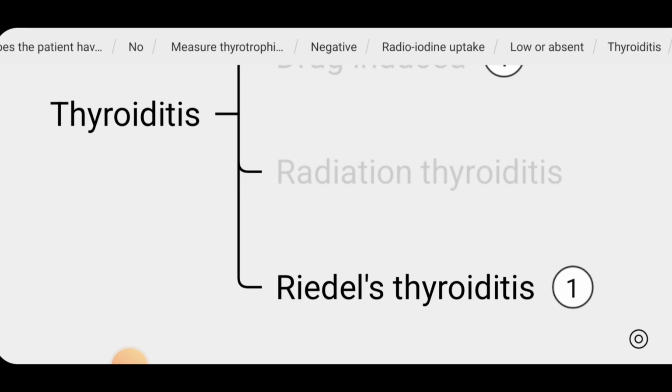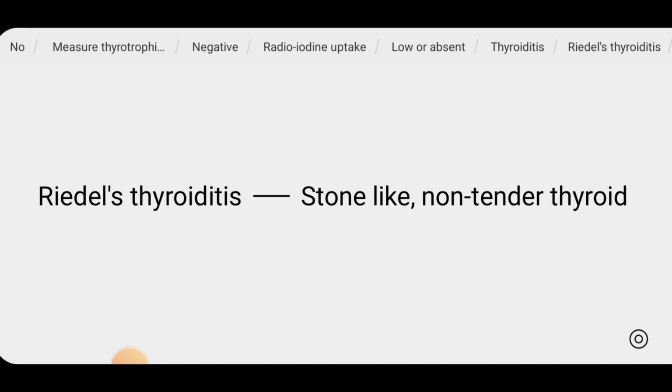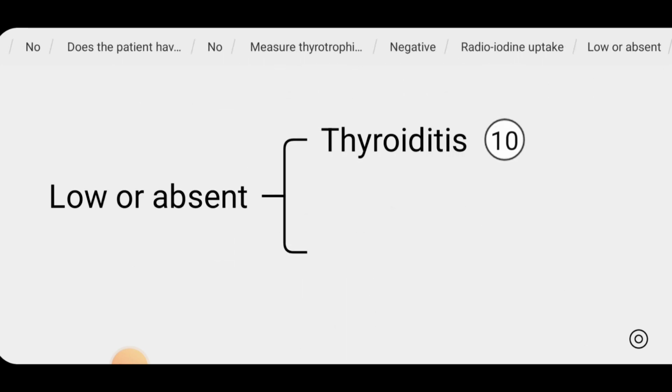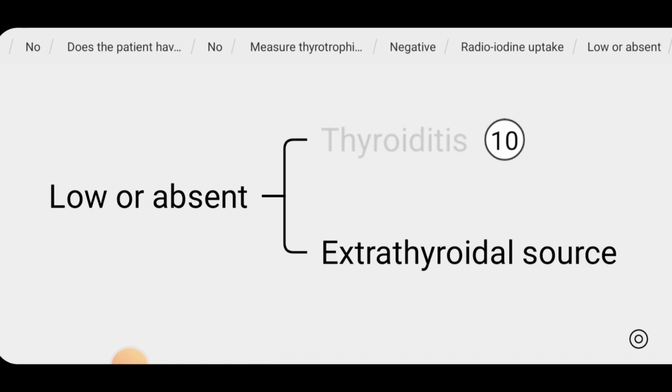And also Riedel's thyroiditis, which is chronic, and the patient will have a stone-like non-tender thyroid gland. So if a patient is having a stone-like non-tender thyroid gland, then we have to think about Riedel's thyroiditis as well. And also in those patients who are having low or absent radioiodine uptake, then the diagnosis may be an extrathyroidal source of thyroxine secretion as well.